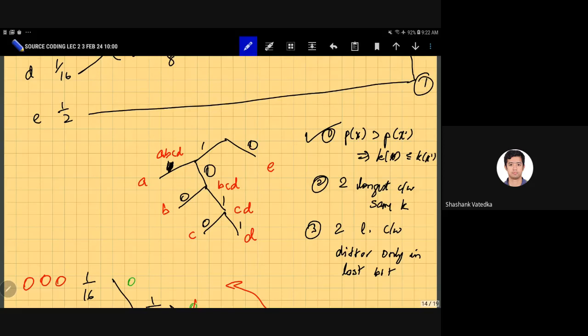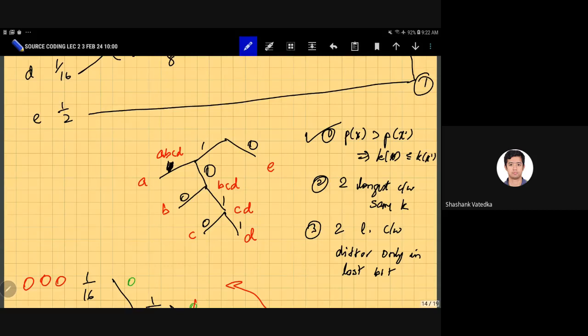Since we are merging the two symbols with the least probability first, those two, the ones which you merge first, will indeed be the symbols which have the two longest code words.